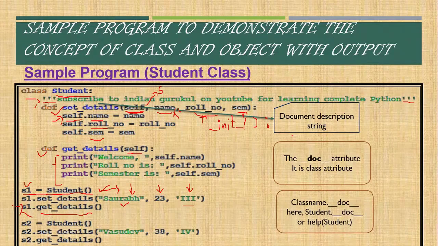So student dot underscore underscore doc underscore underscore. Or if we write help and pass the name of the class within it, the same description is printed.